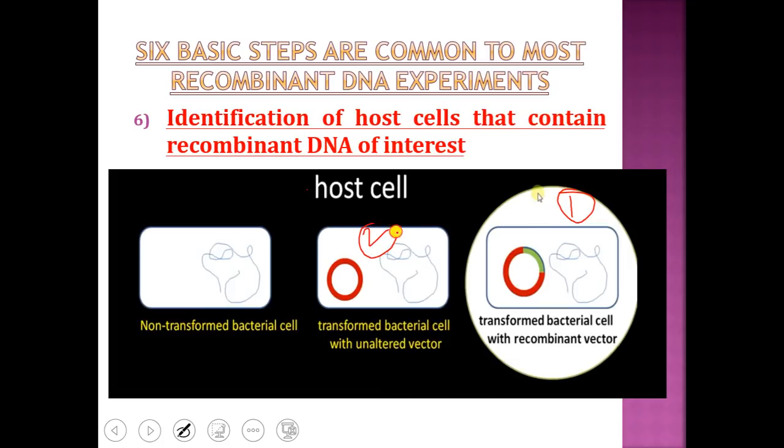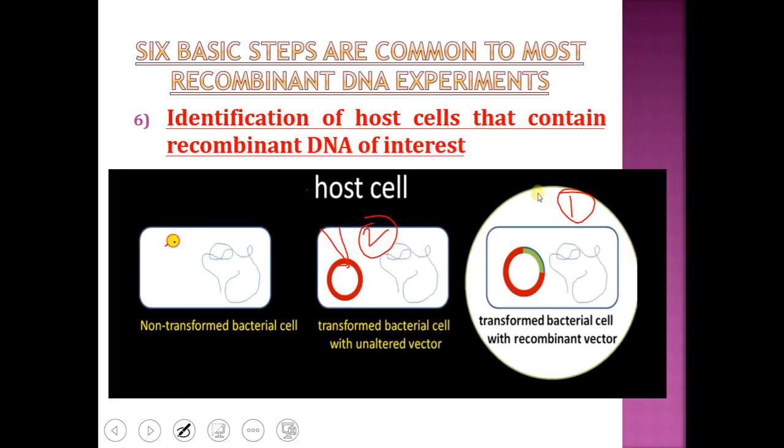Second possibility: when we introduce this gene of interest to the vector, not all the vectors will take that gene. There may be a few vectors, or the plasmid, particularly if we talk about the plasmid, that will not take up our gene of interest, and the bacteria will take that plasmid without the gene of interest.